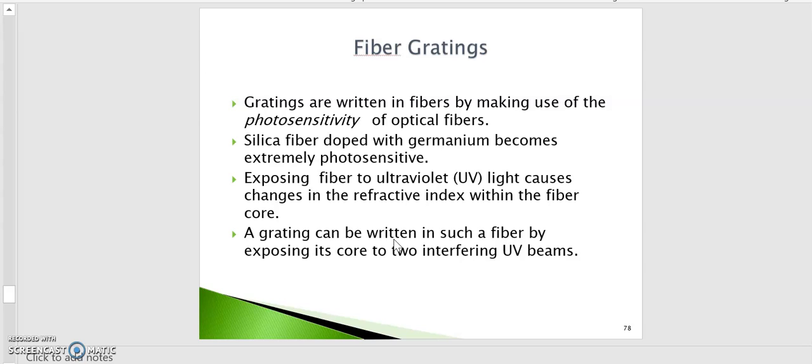What material is used? Silica fiber doped with germanium is used because it is highly photosensitive. That is, with respect to light, it has very good sensitivity. A grating is written on such a fiber by exposing its core to interfering UV beams. The core of the fiber is exposed to two interfering ultraviolet rays so that the grating can be formed.